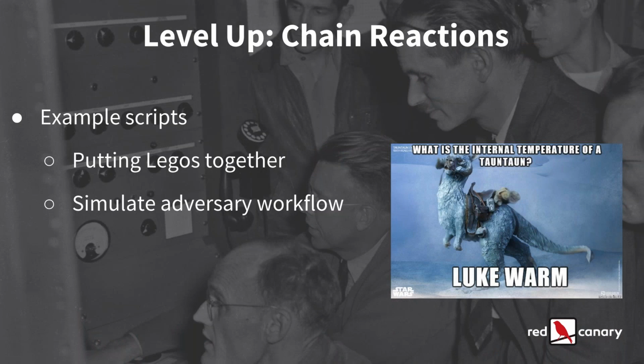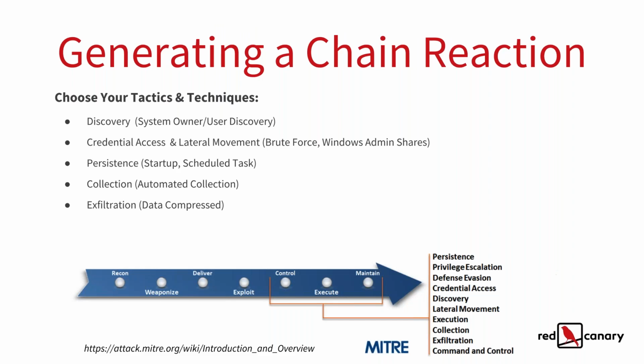Probably one of the more interesting things that we started doing with Atomic was, on the Windows side, we have batch scripts and PowerShell scripts that we could easily use to allow people to take different pieces of the techniques on the matrix and line them all up. From there, you just execute your batch or PS1, and it does all the pieces that you want it to do.